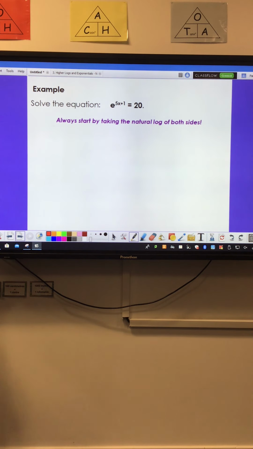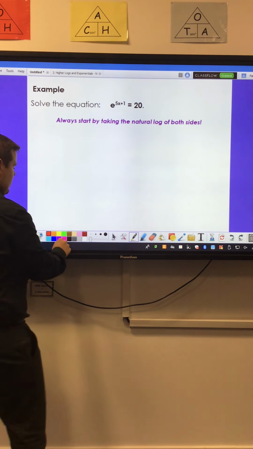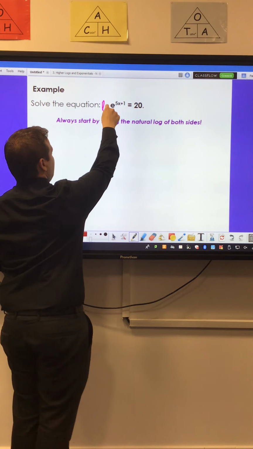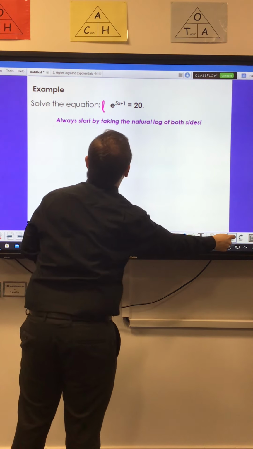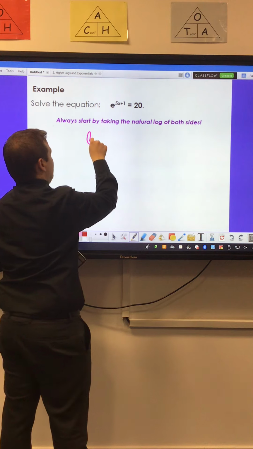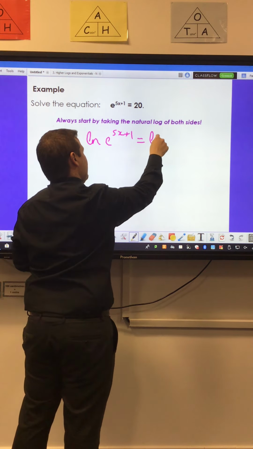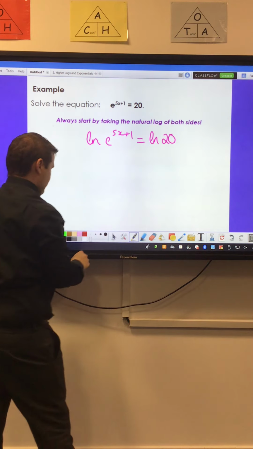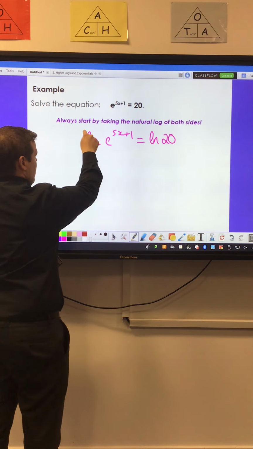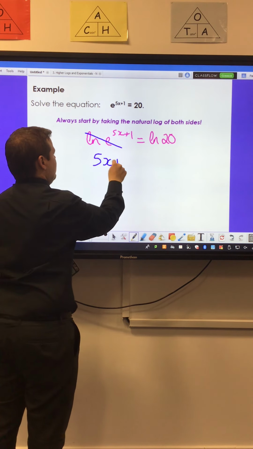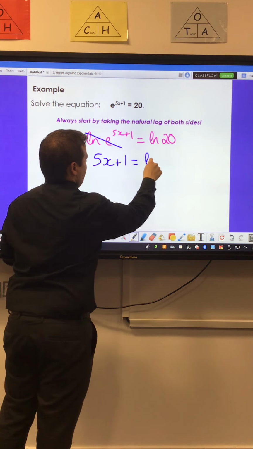Okay, next example. e to the power of 5x plus 1 equals 20. So again, first step is going to be taking ln of both sides. So ln of e to the 5x plus 1 equals ln of 20. And again, those battle each other out, and I'm left with 5x plus 1 equals ln of 20.